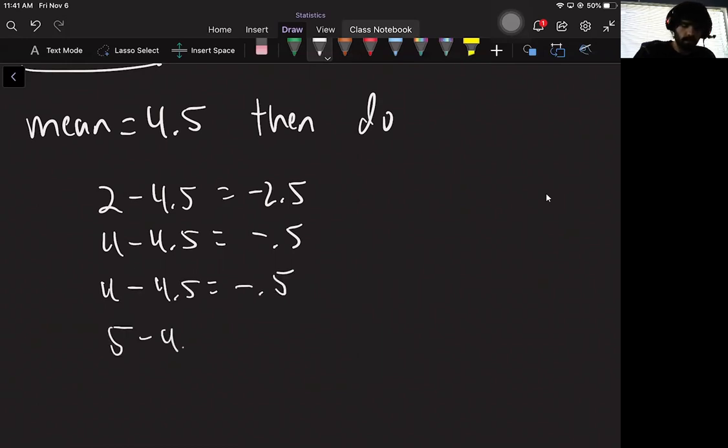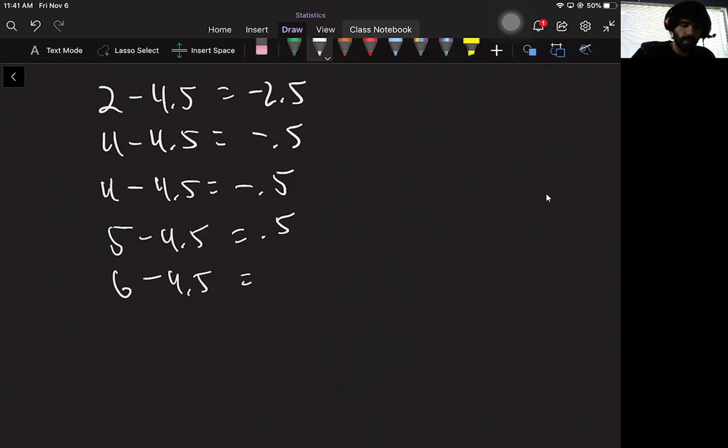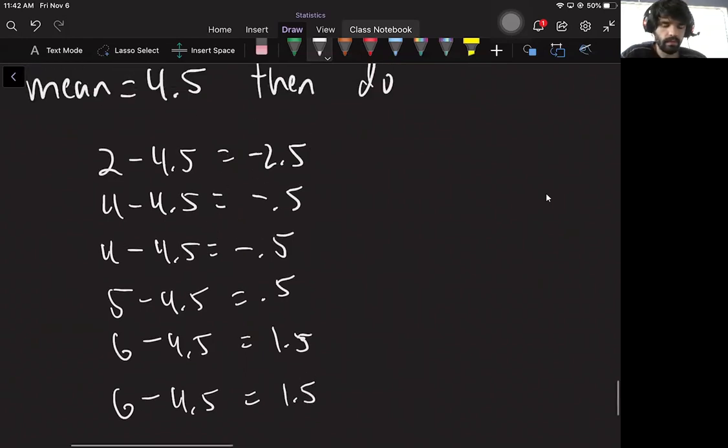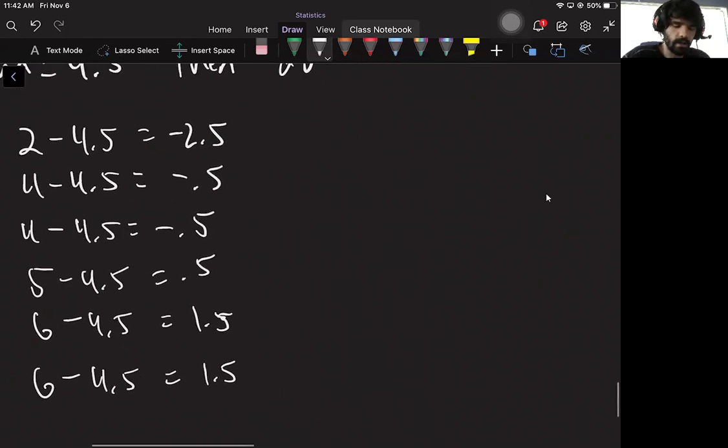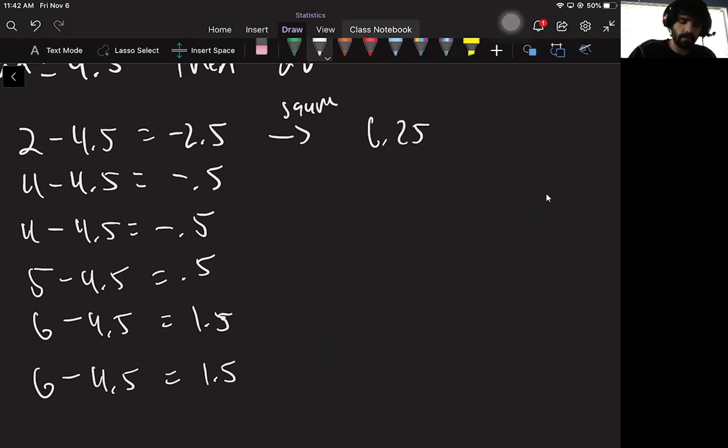Five minus 4.5 is 0.5. 6 minus 4.5 is 1.5. Got to do that twice. And so what's going on here is I'm using all the data. So then I have to square everything. So I'll get 6.25. So now the negatives will be gone, 0.25, 0.25, 0.25, 2.25, 2.25.